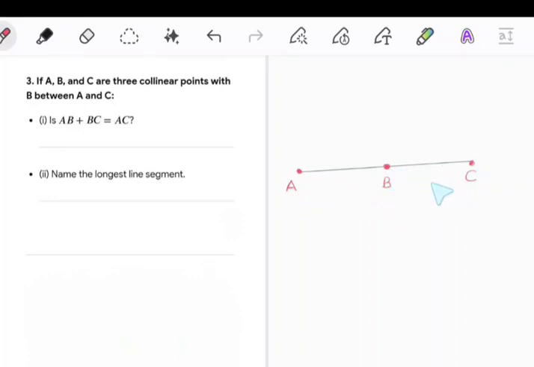So we can write AB plus BC equals AC. So here the answer is yes. Second question, name the longest line segment. The longest line segment is AC. See here, AC is the longest of the line segments, so we can write AC. Okay.